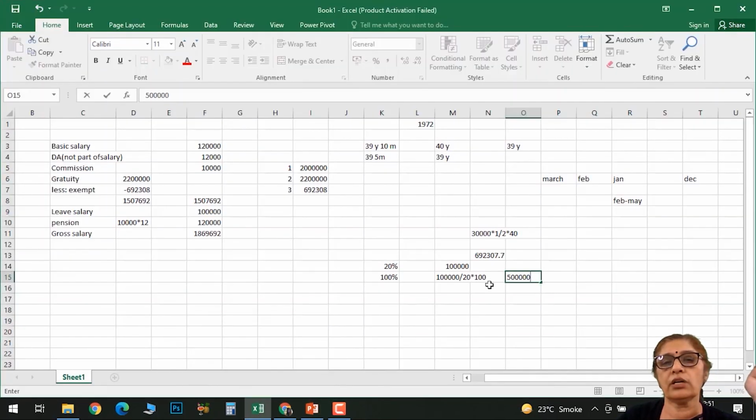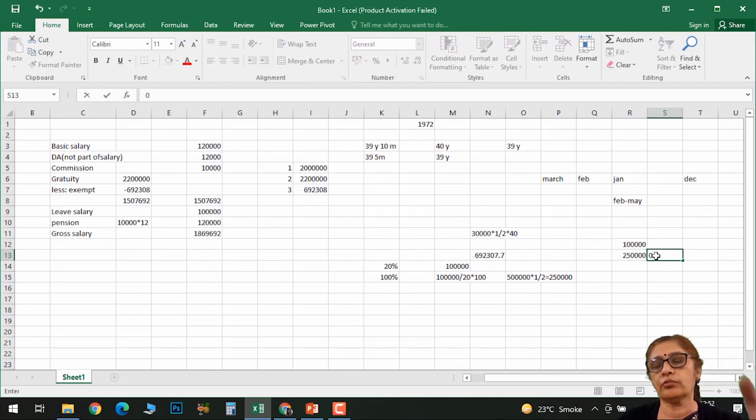So in this particular case, if you are not receiving gratuity, then the exemption would be half of this, that is 2,50,000. So if you receive commuted pension of 1 lakh, how much is exempt? Exempt is 2.5 lakhs. So how much is taxable? Taxable is nothing, 0.